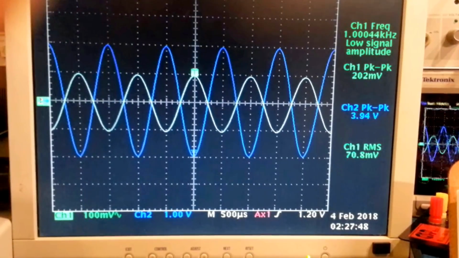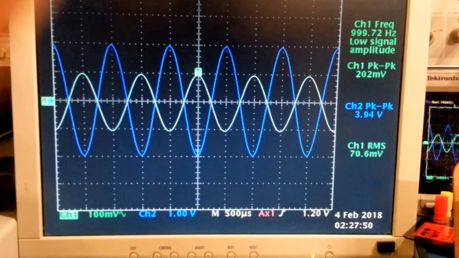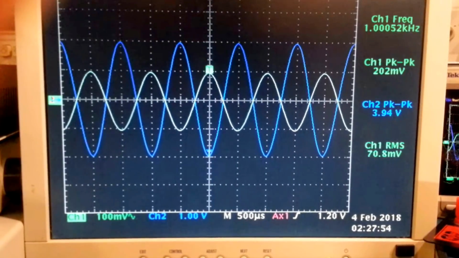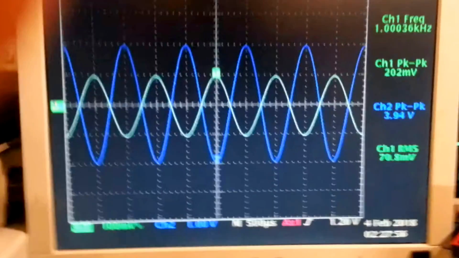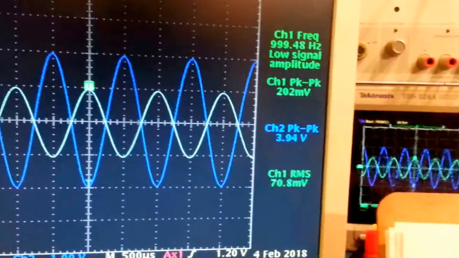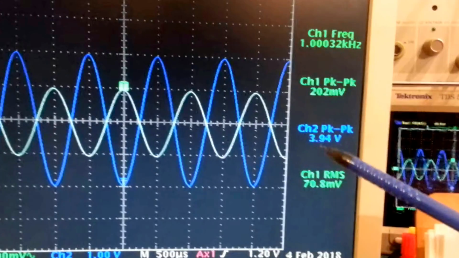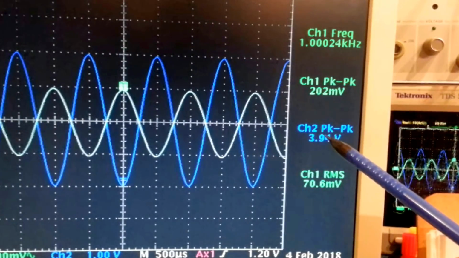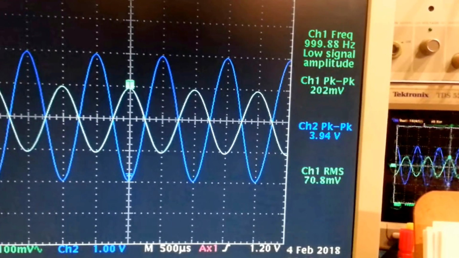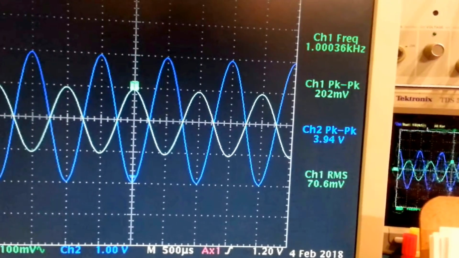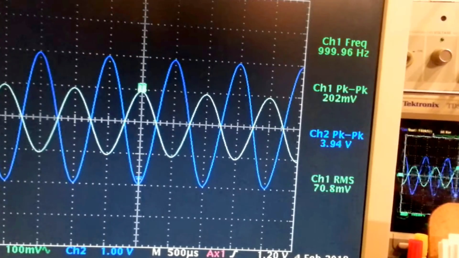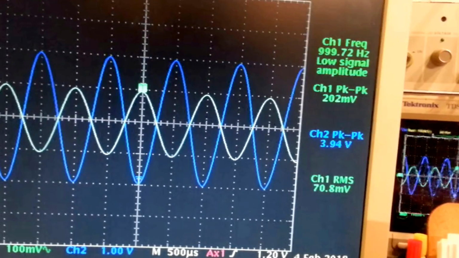First thing first, let's take a look at the voltage gain of the circuit with the bootstrapped circuit. I've modified it, so as you can see now, the voltage gain of the amplifier is going to be the output voltage, which I'm measuring on channel 2. That's going to be 3.94 volts, and I'm injecting 202 millivolts, so 0.202.